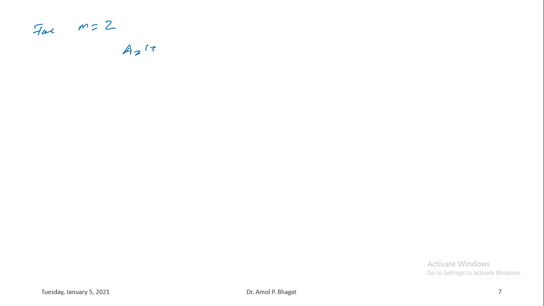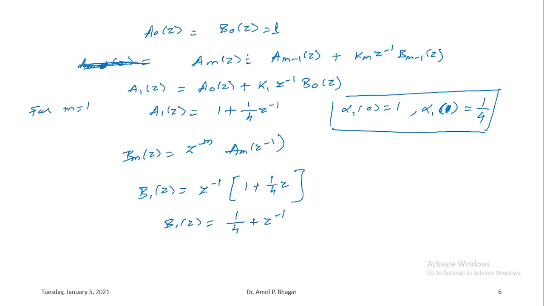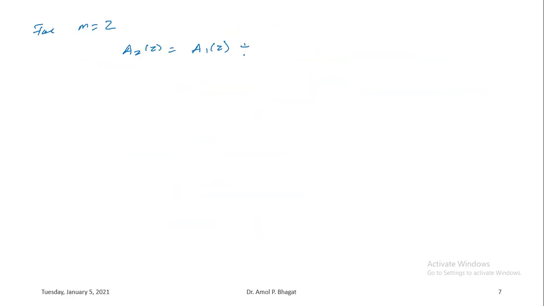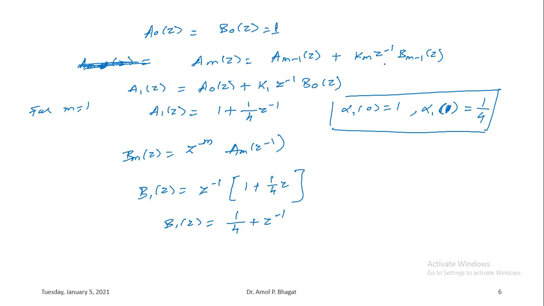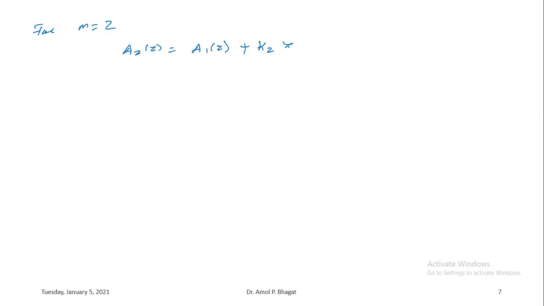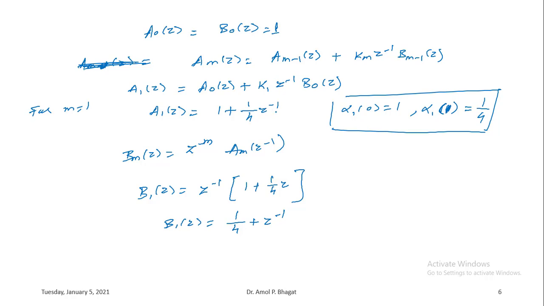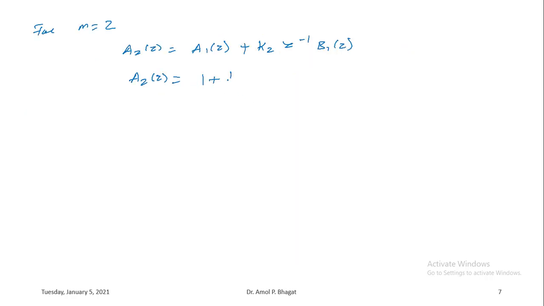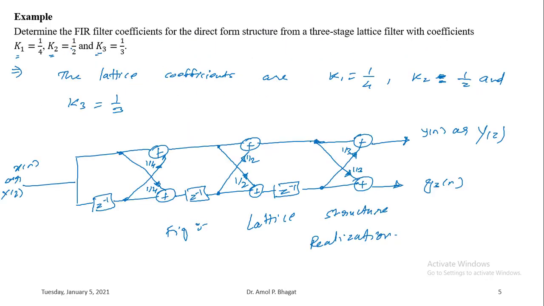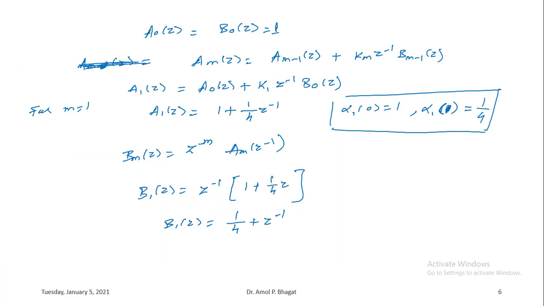So a2 of z is equal to, what is the value of a1 of z? So 1 plus 1 by 4 z inverse, plus, what is the value of k2? K2 is 1 by 2, given in the example.